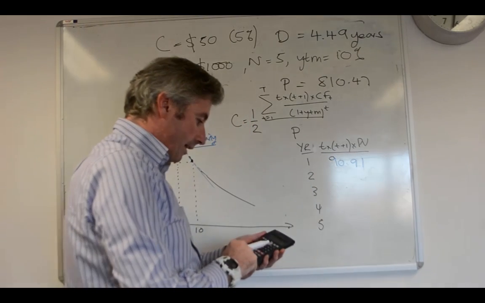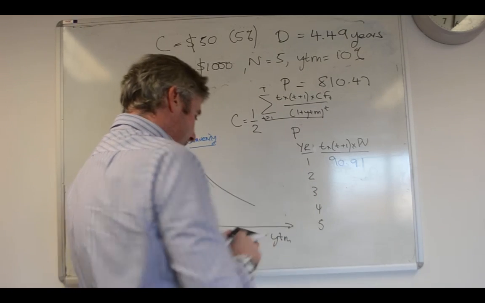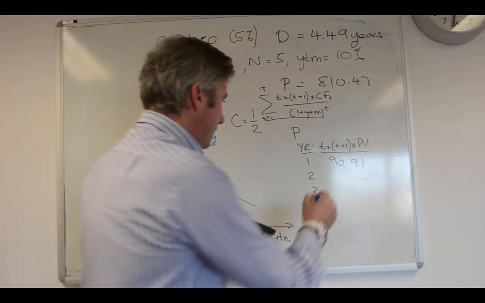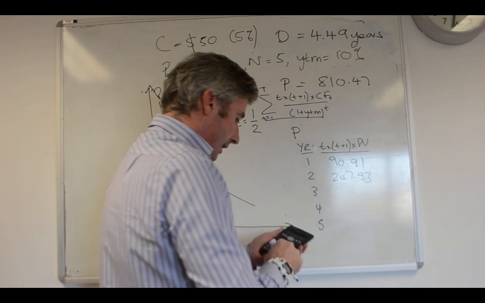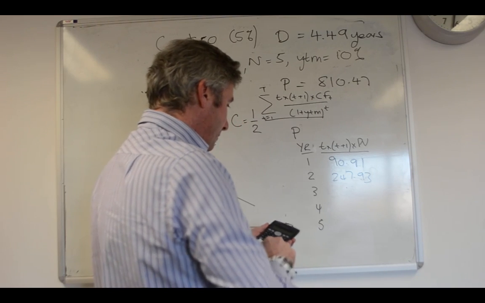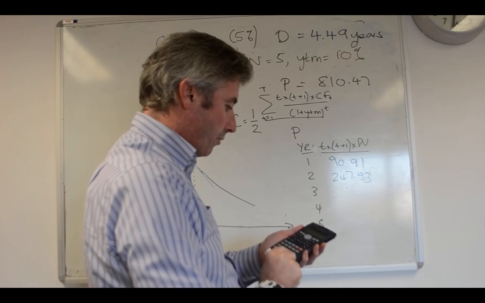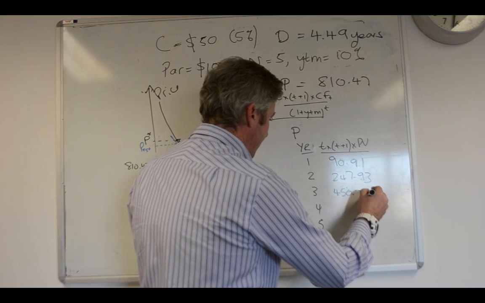90.91 there. Next we had 50 divided by 1.1 squared, times by t, which is 2, times by 3, which is 247.93. Then I've got 50 divided by 1.1 to the power of 3, times by t, which is 3, times by t plus 1, which is 4, which gives me 450.79.